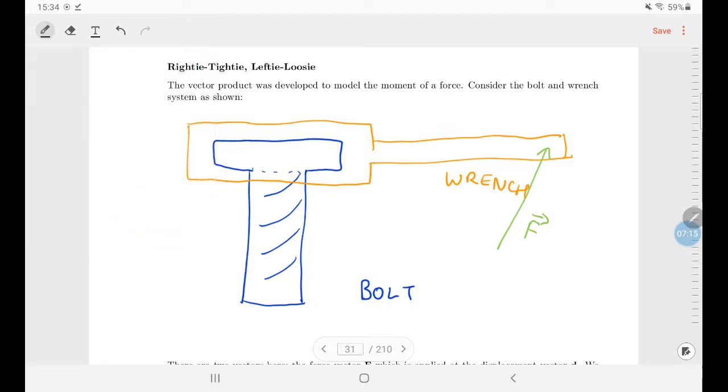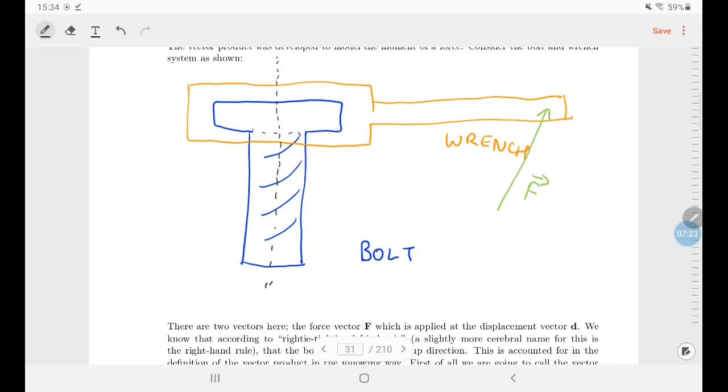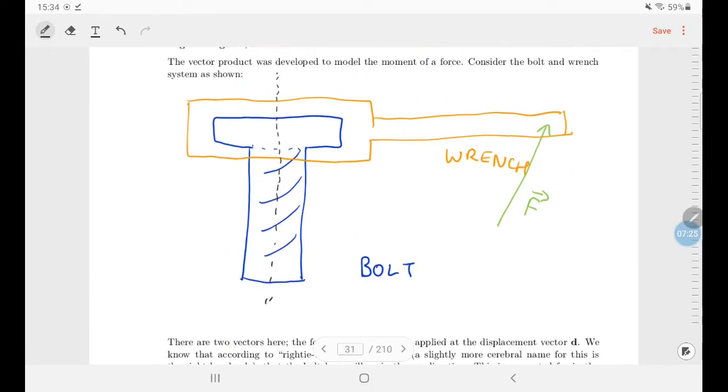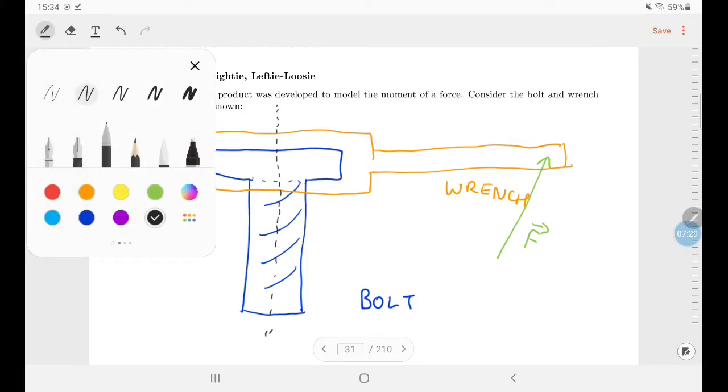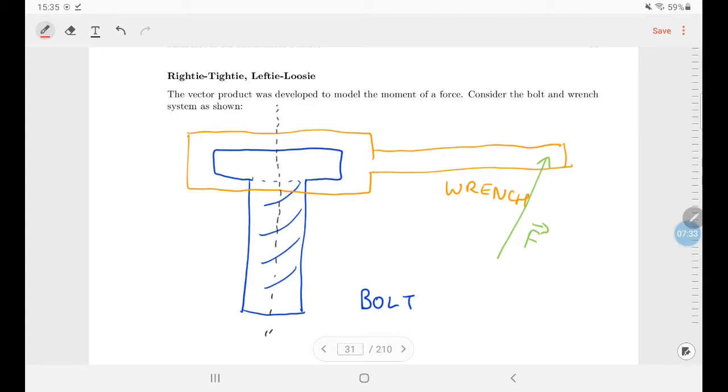There is a central axis, a fulcrum, a place that the bolt rotates around. Basically, you look at the vector that goes from the fulcrum, the pivot is the other word I'm looking for, from the pivot to where the force acts.